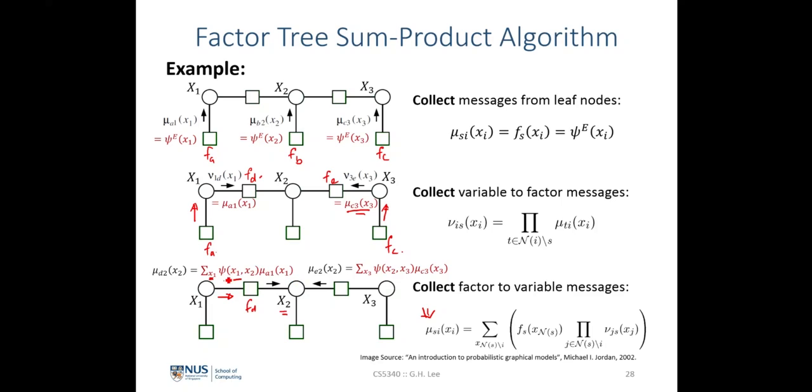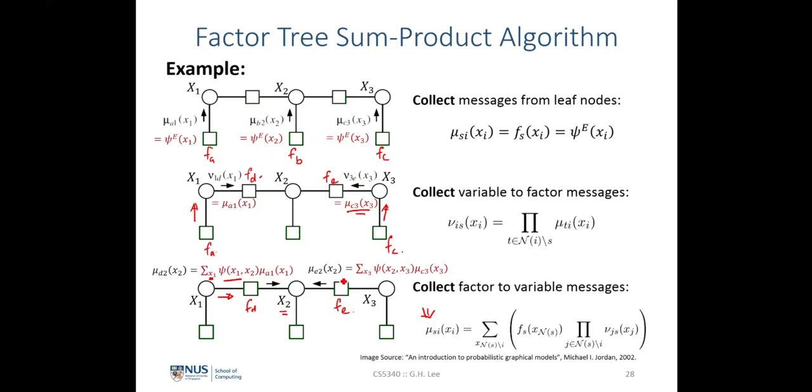And this has to be done over a marginalization of x1. Similarly, we can see that the message that we propagate from the factor node of fe over here, which we define to be mu e2, because this is a message from fe to x2, it better consist of only the random variable of x2.